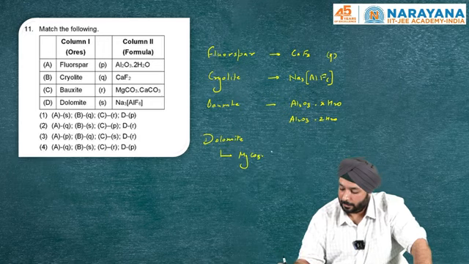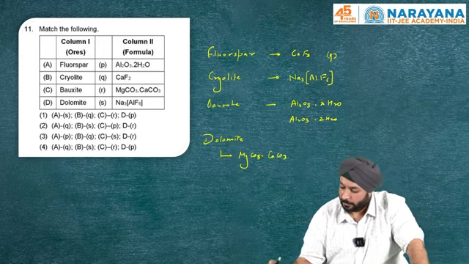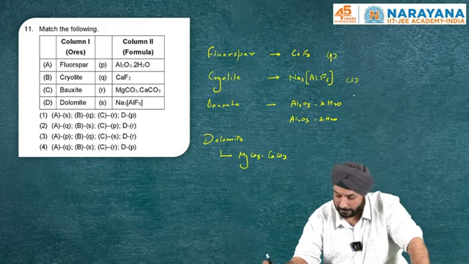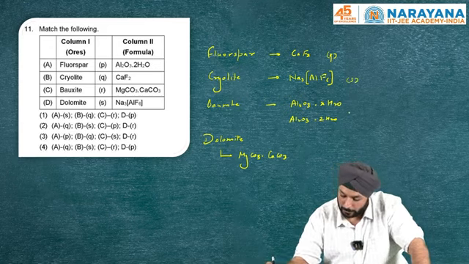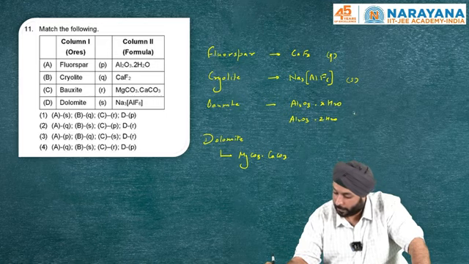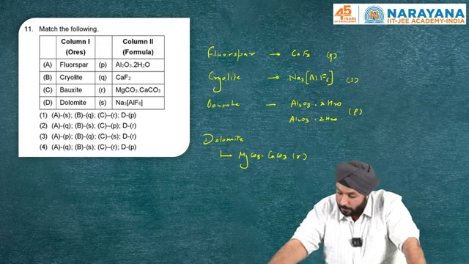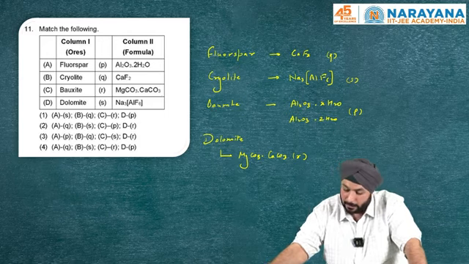Dolomite is MgCO3 dot CaCO3. So this is your S, bauxite is your P, and this is your R. So 1Q, BS, CP, and DR. The answer should be 2.